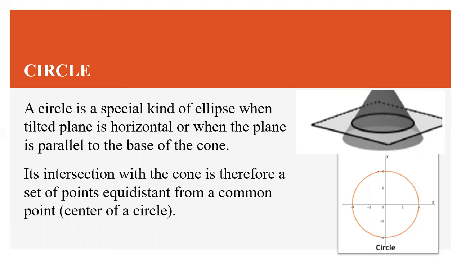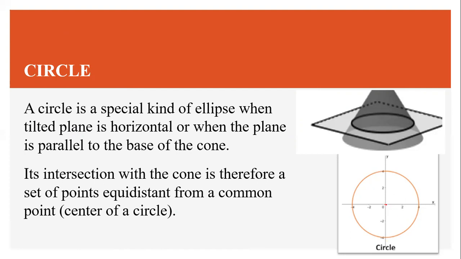Okay, let's proceed to a circle. So a circle is actually a special kind of ellipse. It's also an ellipse, but a special kind of ellipse, when the tilted plane is horizontal or when the plane is parallel to the base of the cone. It is a special kind because the set of points is equidistant from a common point, or the center of a circle.